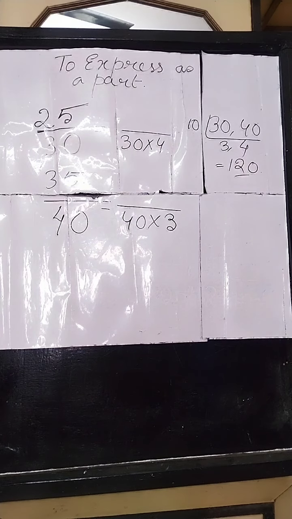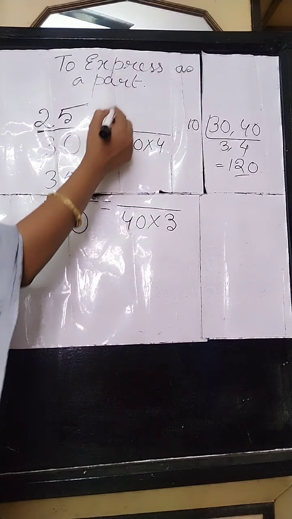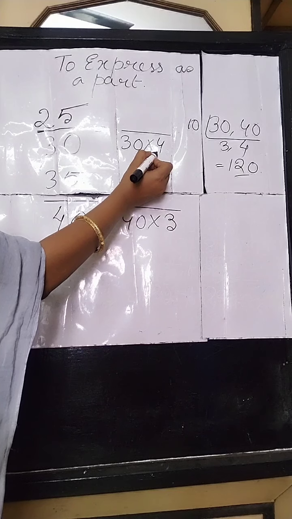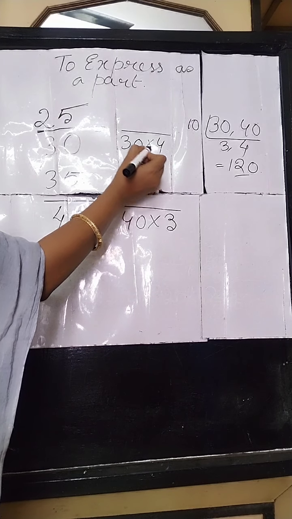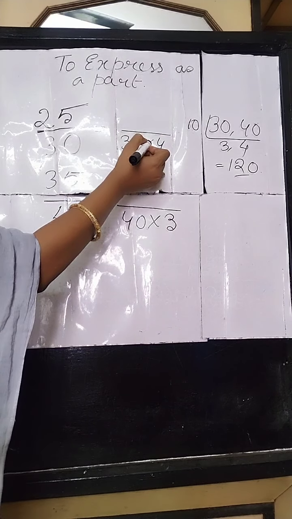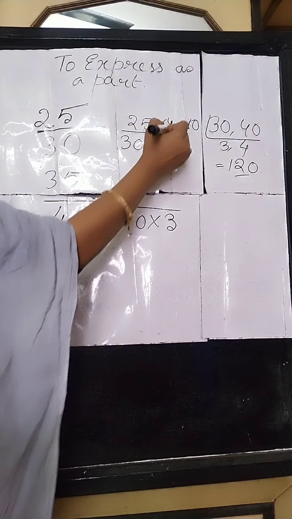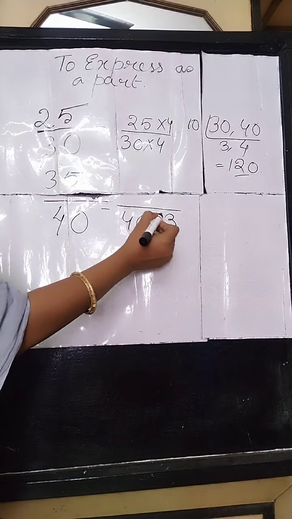So in this case, we will multiply the numerator also with the same number. As we have multiplied the denominator with the number, with that number only we will multiply the numerator also. So 25 into 4, and here 35 into 3.